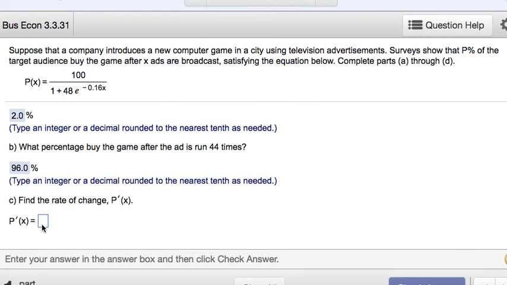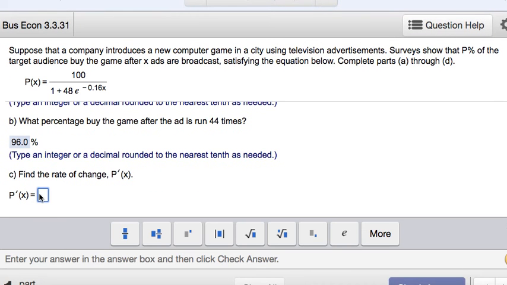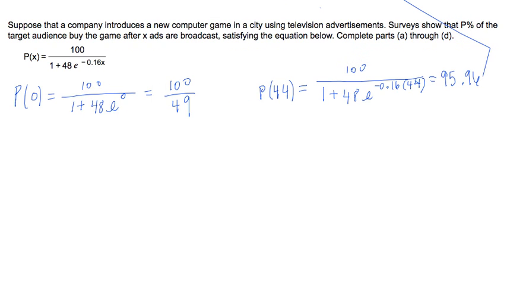Okay, find the rate of change, or the derivative of P. So two ways: you could use the quotient rule, or you could rewrite P of X. I'm going to rewrite it with the denominator to the negative 1. So 100 times 1 plus 48 e to the negative 0.16x, all to the negative 1.